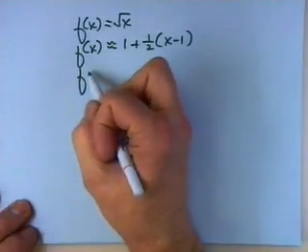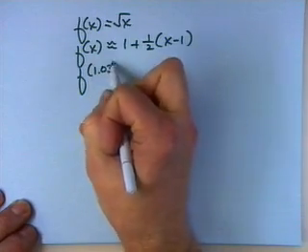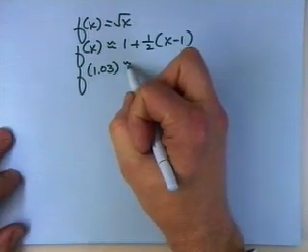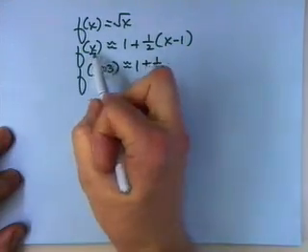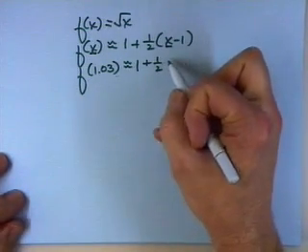I want f of, what was my other value, 1.03? Do you think that's close enough to 1 that the tangent line is going to be real close to the curve itself? It's even closer than the previous example. Notice there's an x here and an x here. Whatever I put into that x position in the function, I put into this x position in the approximation for the function.